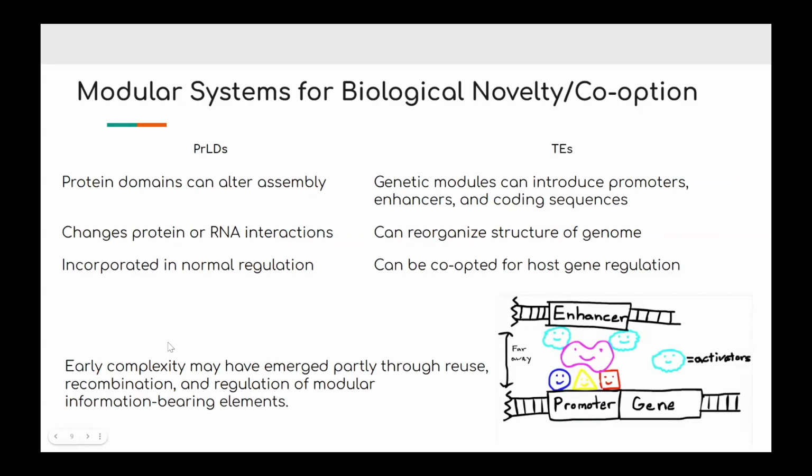Over time, either type of component can become incorporated into normal cellular regulation. So evolution does not always have to invent something completely new, and sometimes it can just reuse an existing piece in a new context, which is what we call co-option.